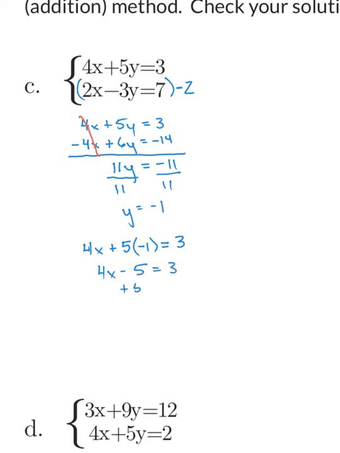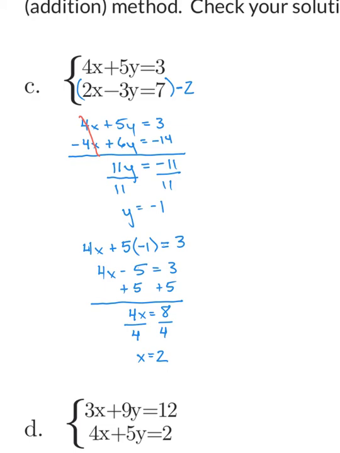I can add 5 to both sides, and I get 4x equals 8. Divide by 4. You get x equals 2. Okay, so that is solving this using elimination by eliminating x.